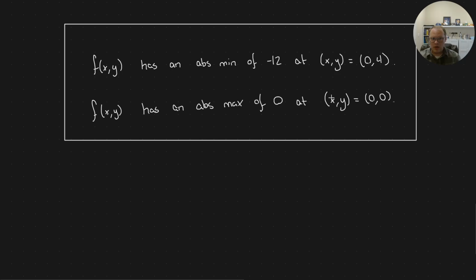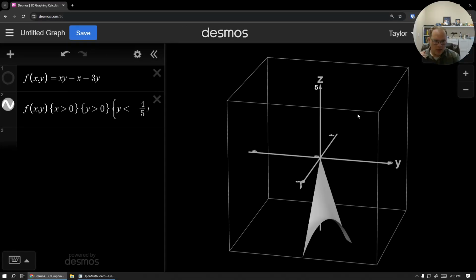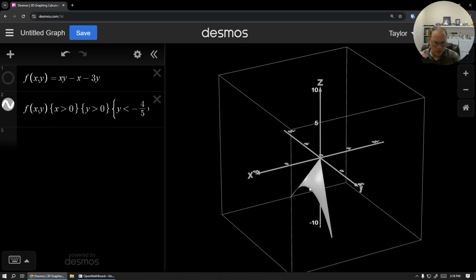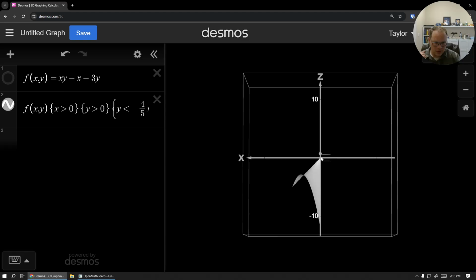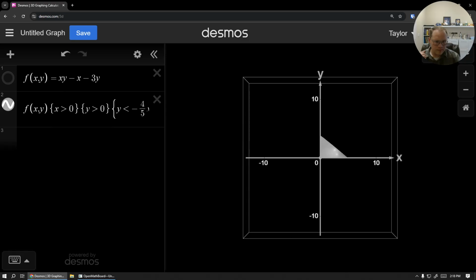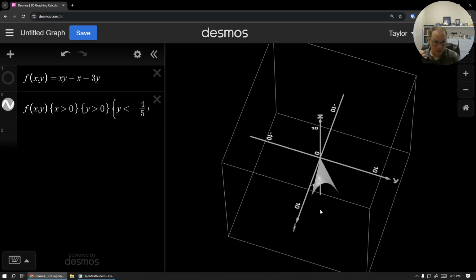Okay? So let's confirm this now by taking it to a 3D graphing calculator. Here's the function we're looking at. Okay, let me zoom out just a little bit so we could see the whole surface. Okay, so there's our surface. We are restricted to that triangle in the xy plane.